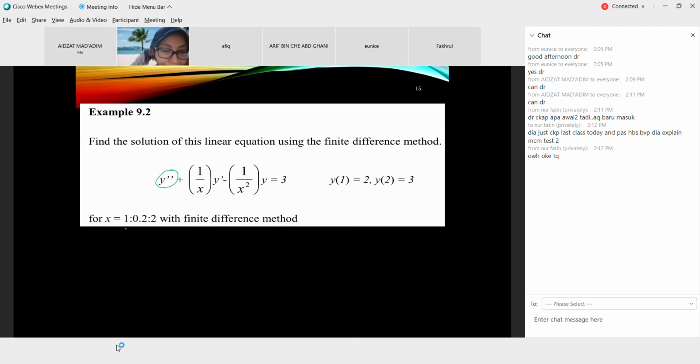Function of xi equals function xi plus 1 minus 2 times function of xi plus function of xi minus 1, over h square.